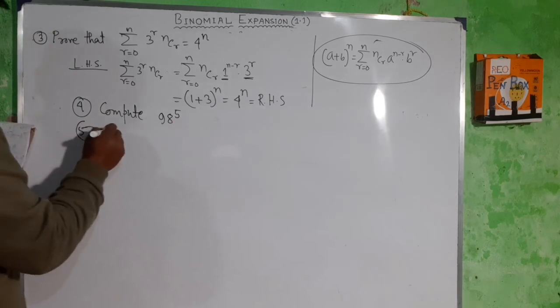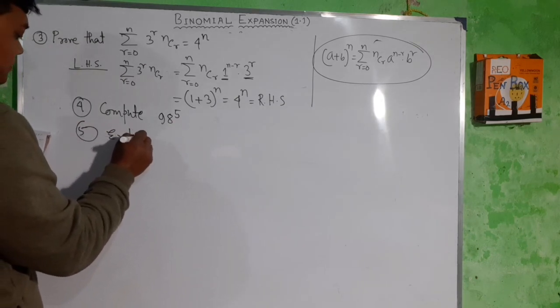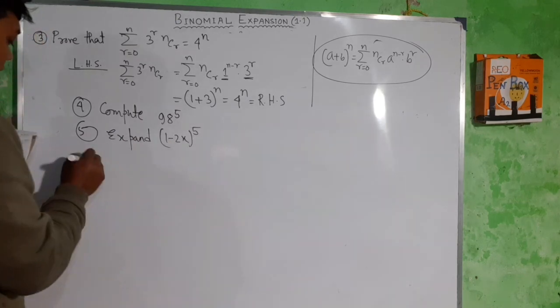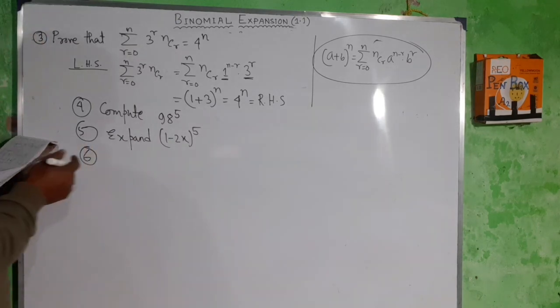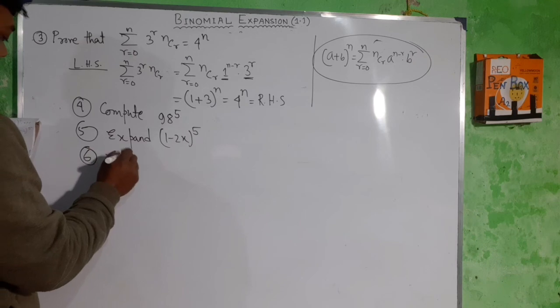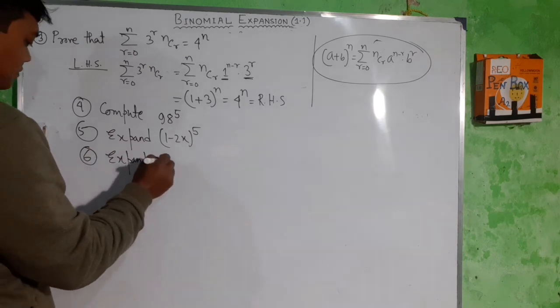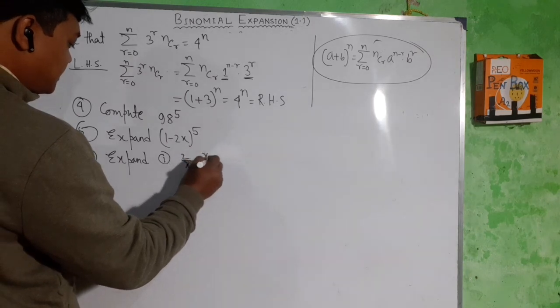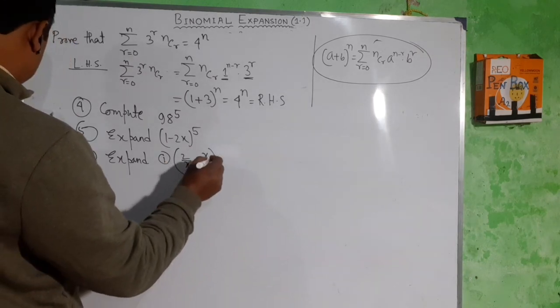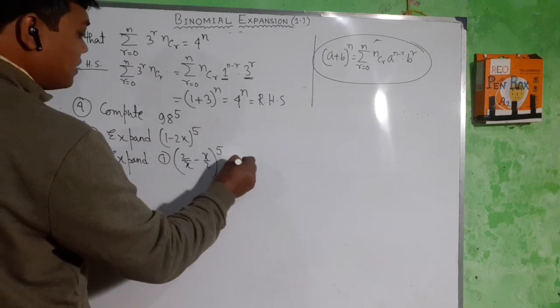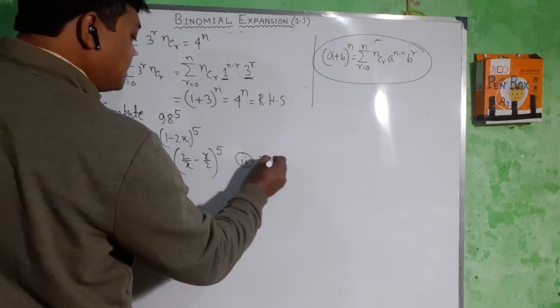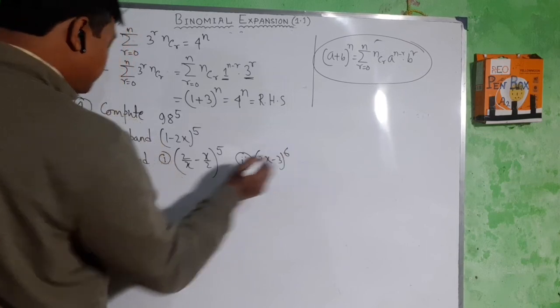Number 5, expand (1 minus 2x) whole to the power 5. Expand (2 by x minus x by 2) whole to the power 5, and (2x minus 3) whole to the power 6.